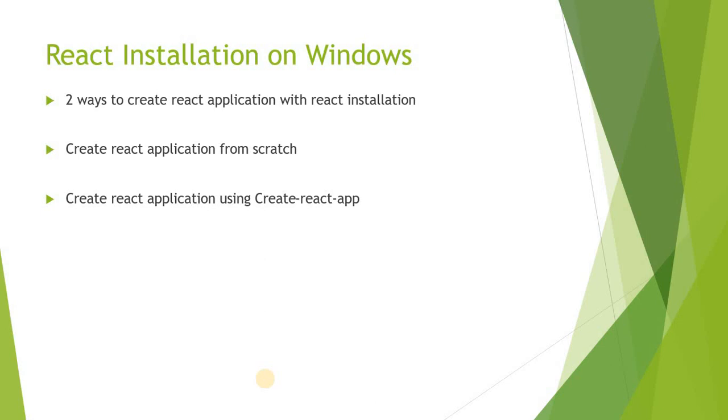Basically, create React app provides a template with which you can create an application directly without using multiple commands or writing your own code. It automatically creates the multiple files that are required in your React application and development. So you directly run your application, and if you want to modify it, yes, you can directly modify it.